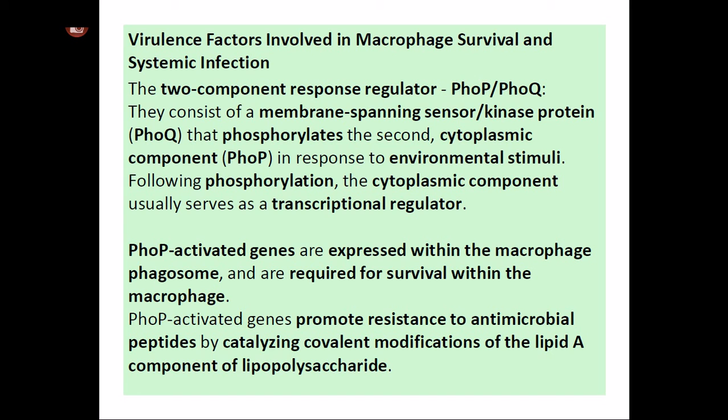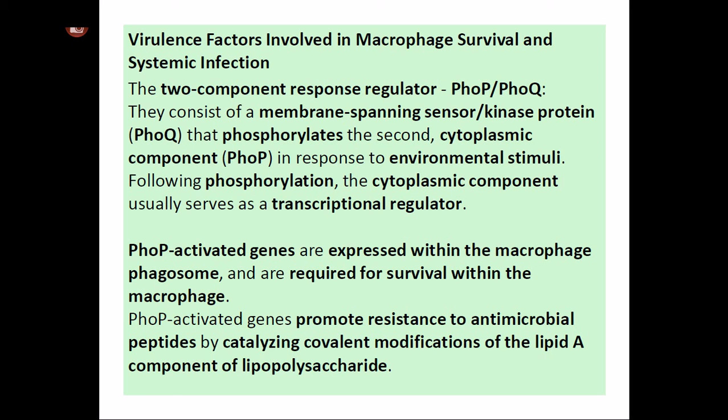So PhoP activated genes are expressed within the macrophage phagosome and are required for the survival of Salmonella inside the macrophage phagosome. Remember, this particular PhoPQ system is not required for those strains which cause gastroenteritis. It is only required for those strains which cause enteric fever or typhoid, because in this case they want to stay inside the macrophage.